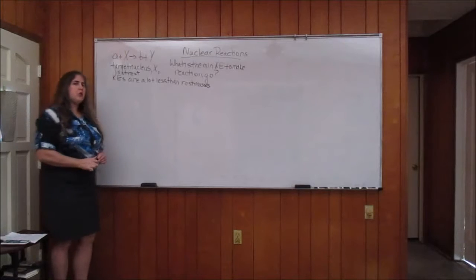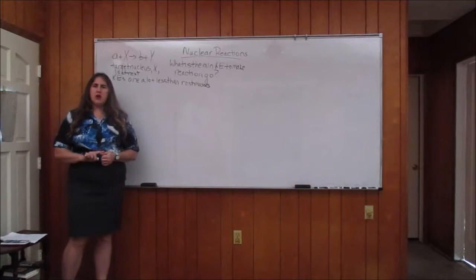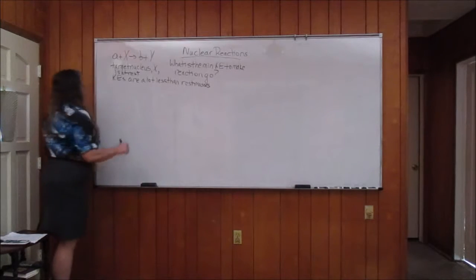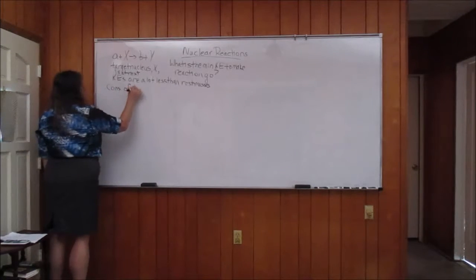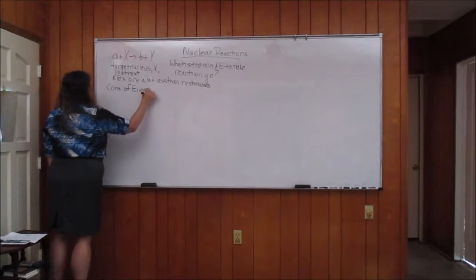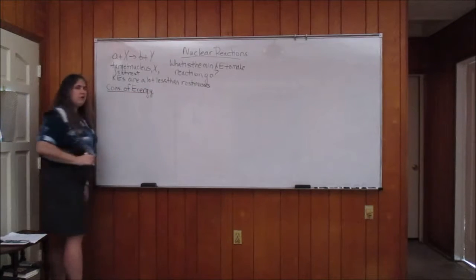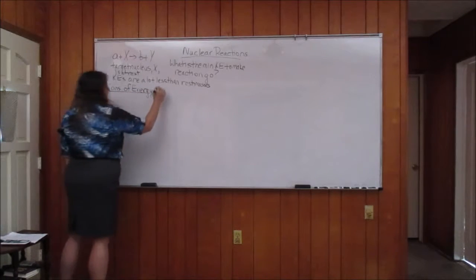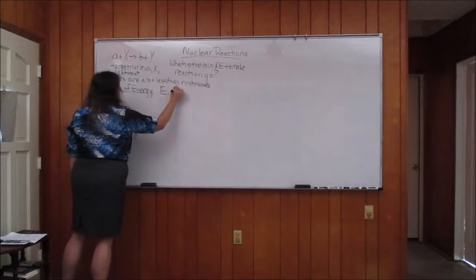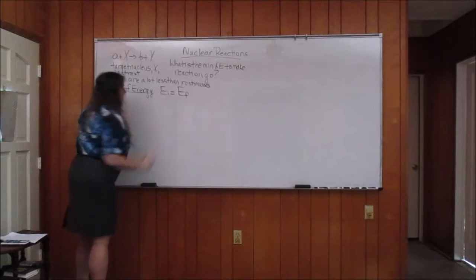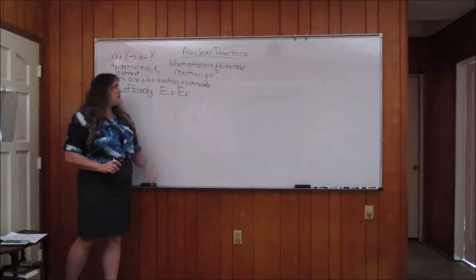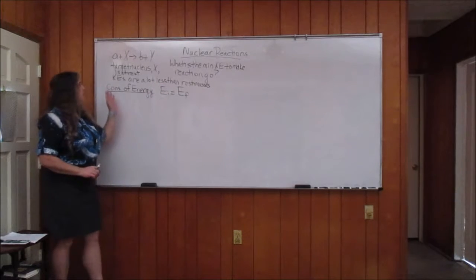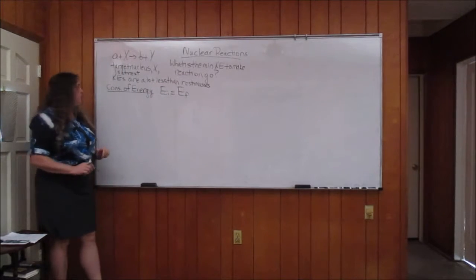In order to solve this problem, I'm going to make use of both conservation of energy and conservation of momentum. Conservation of energy tells you that the total amount of energy initially in the system is equal to the total amount of energy in the system after the reaction occurs.